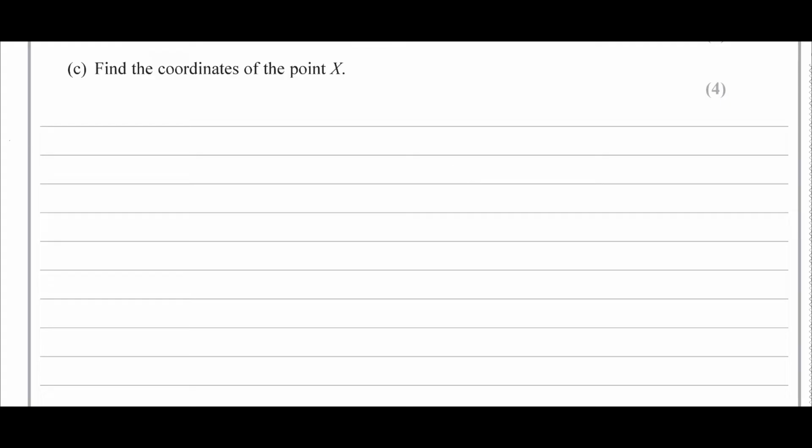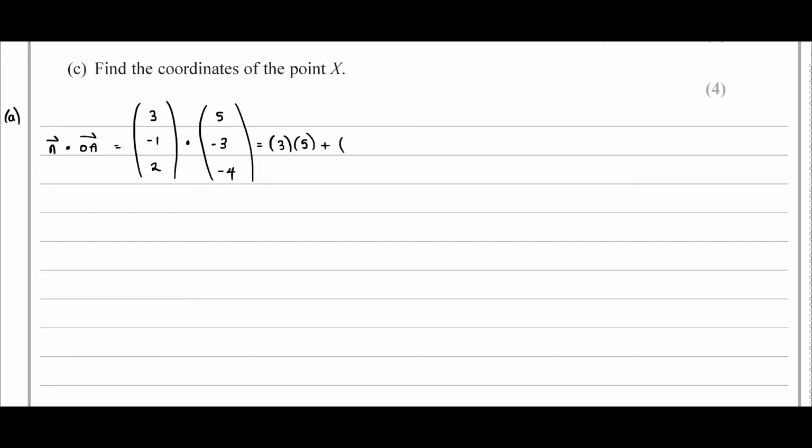So for part A, we have n dot product with OA. So we have the vector n, (3, -1, 2), dot product with the vector OA, which is (5, -3, -4). So 3 times 5 plus minus 1 times minus 3 plus 2 times minus 4.